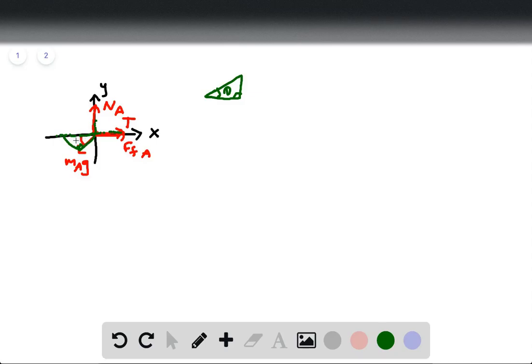So that means that this angle here will be theta. That angle there will be 90 minus theta. But because the corner right here is a 90-degree angle as well, this angle here will be theta. So that 90 minus theta and theta will sum to this 90-degree corner of our coordinate axes.